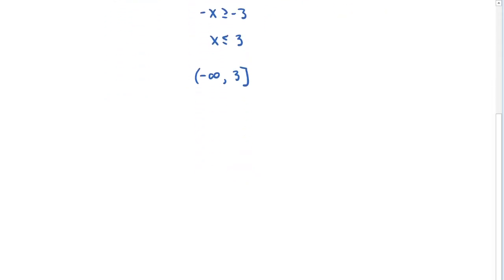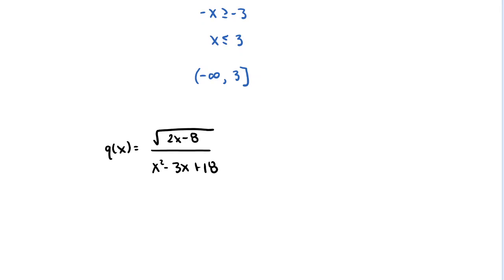Okay, and then we have one last problem here: q of x is equal to the square root of 2x minus 8 in the numerator, over x squared minus 3x plus 18 in the denominator. So there's two things going on here that we have to be aware of if we're trying to find the domain of this function.